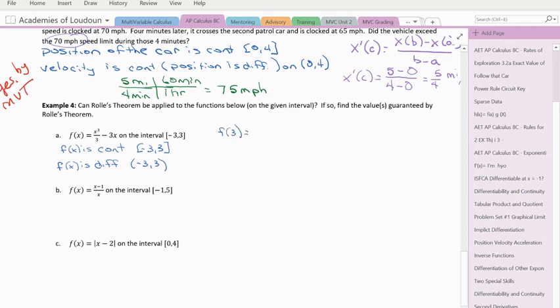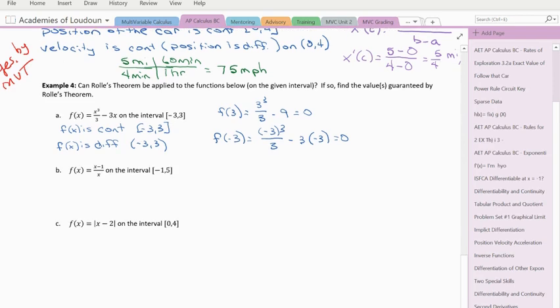When I plug in 3, I have 3 cubed over 3 minus 9, which is equal to 0. And f of -3 is going to be -3 cubed over 3 minus 3 times -3. So that's -9 plus 9, which is equal to 0. So yes, Rolle's theorem can be applied. So I'd like you to find, as part of this video, what the value guaranteed by Rolle's theorem is.